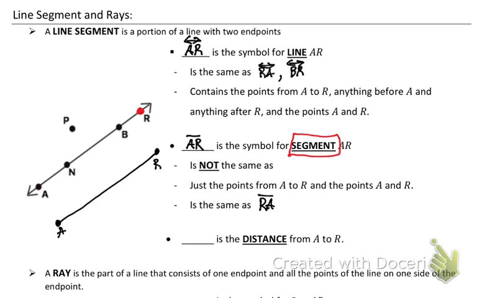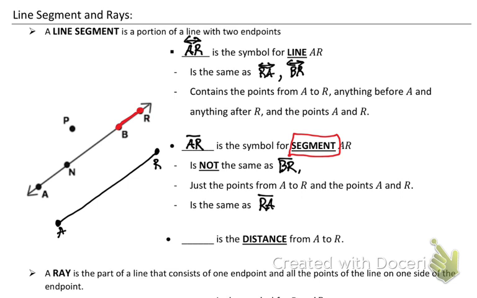However, if someone asked me for AR, and I filled in R, and I filled in B, and I filled in this section between, I'm missing a big chunk of it. I'm missing all of this because there's no arrows to cover that up. For lines, we had arrows that went forever. Segments end. It starts at R and it ends at B, which means I'm missing all of the points from B to A. So AR is not the same thing as BR.